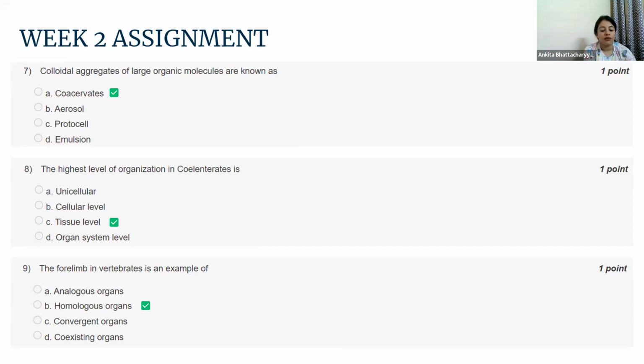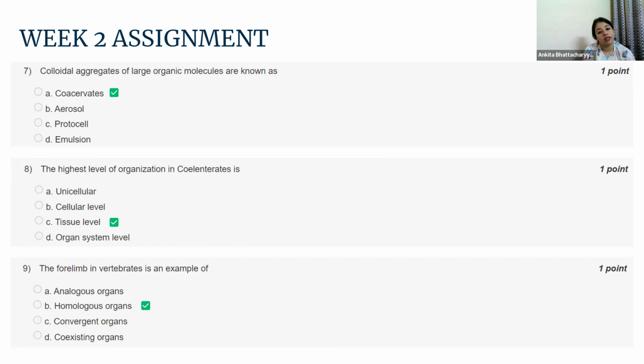We'll go through the entire content of week 2 after we finish all the question discussion, maybe in half an hour. There it was clearly mentioned that coacervates that contain DNA or genetic material are referred to as protocells or eubionts. If you're just talking about large organic molecules forming colloidal aggregates, those would be coacervates. So that was the answer to this question.